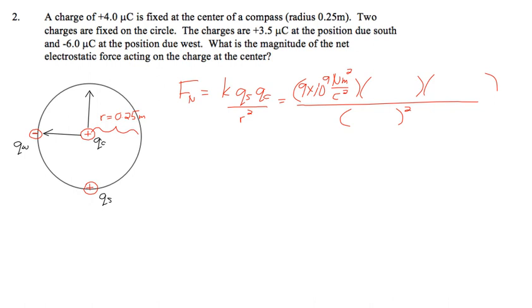The charges are plus 3.5 microcoulombs at the position due south. So this is the one that is due south. All right, so that's going to be 3.5 times 10 to the negative 6 coulombs.